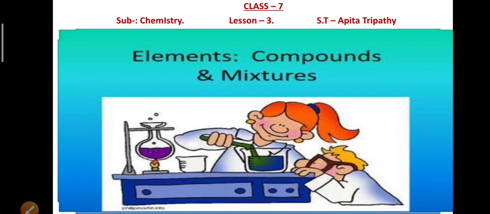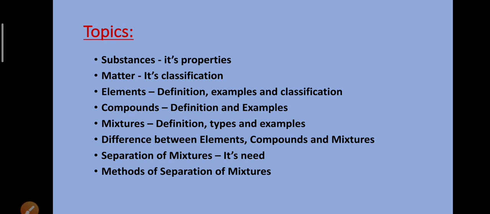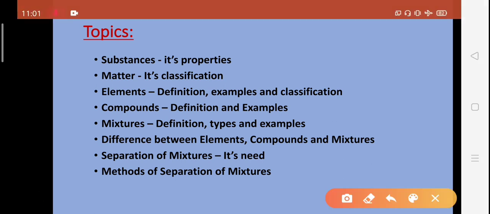The topics that we are going to read in this chapter are as follows: substances and its properties, matter and its classification, elements, its definition, examples and classification, compounds, its definition and examples, mixtures, its definition, types and examples, difference between elements, compounds and mixtures, separation of mixtures and its need, method of separation of mixtures.